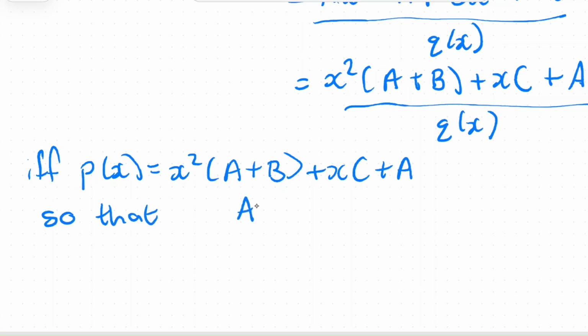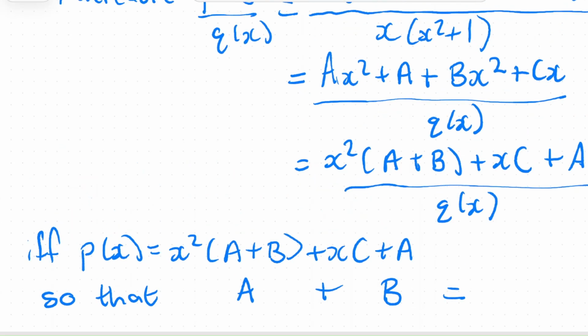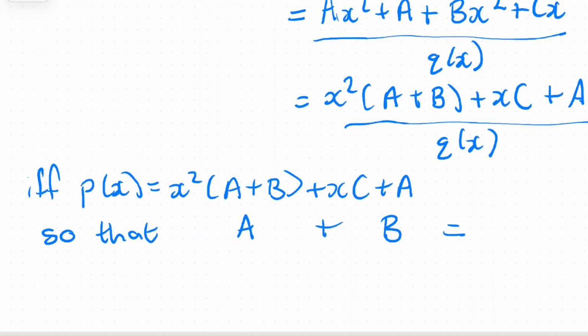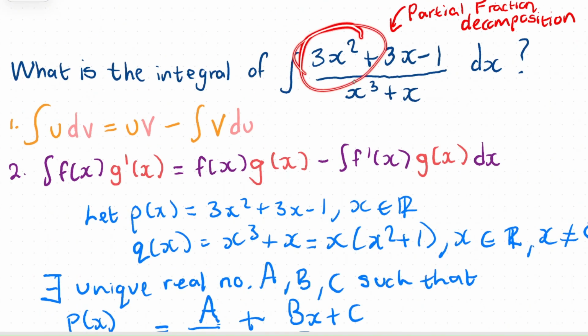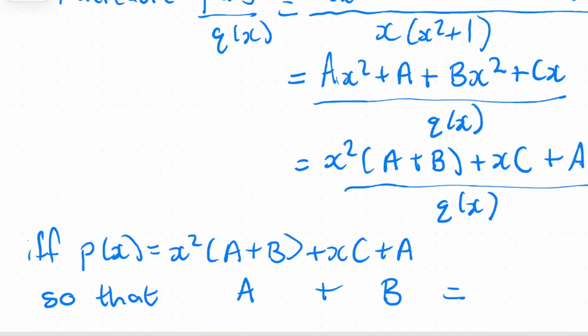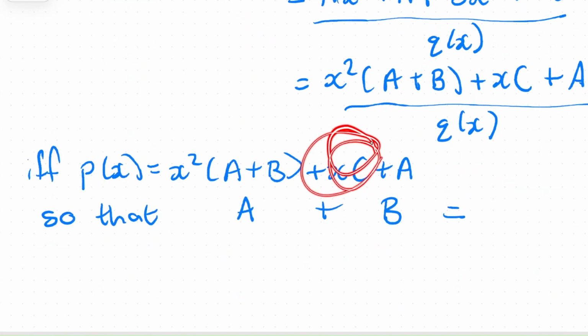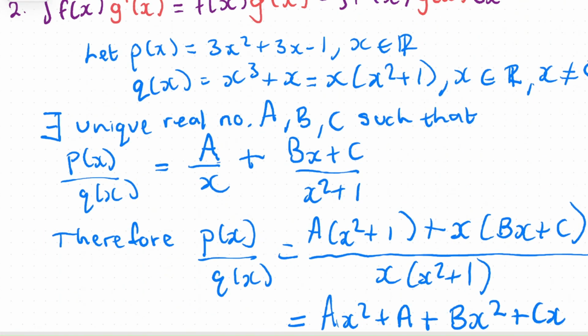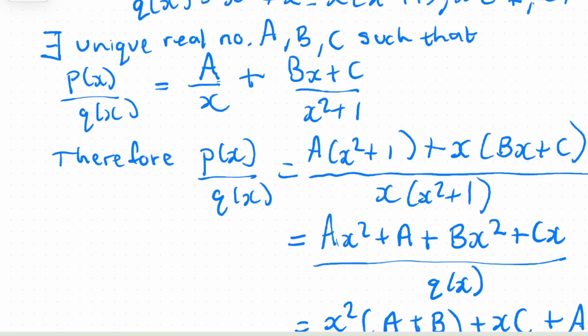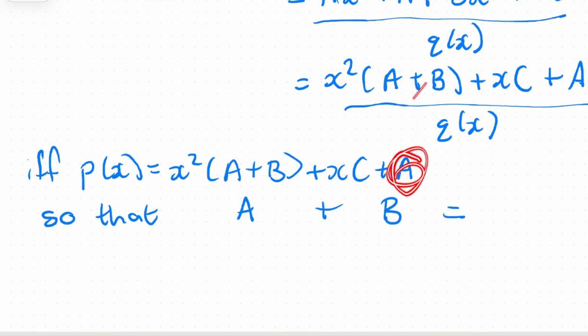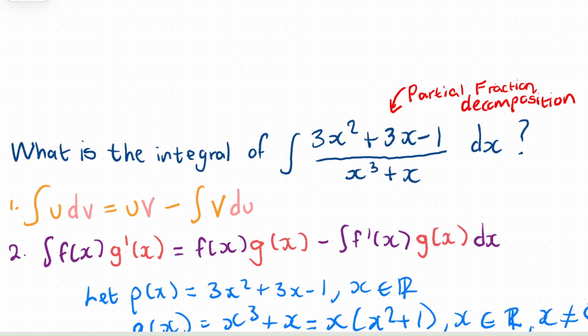now we can say a plus b is equal to... And let me explain this step, right? x squared matches with 3x squared, xc matches with 3x, and the constant, which is a, matches with -1.